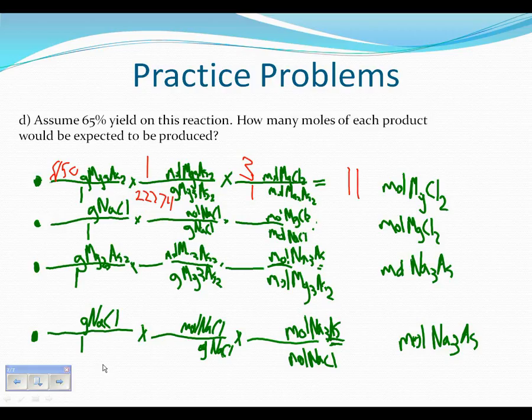Next one, it is 327. We have 58.443, 1, 3, 6. That equals 3.18.